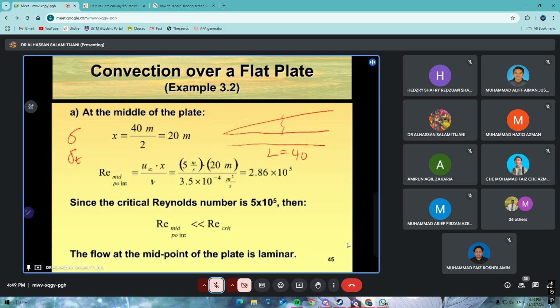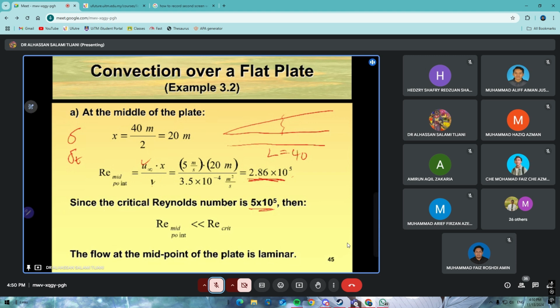So now we calculate. We know the velocity of the fluid, x now equals 20, and the kinematic viscosity we know already. So this gives us 2.86 times 10 raised to the power 5. Now we see that this value is greater than the critical Reynolds number.